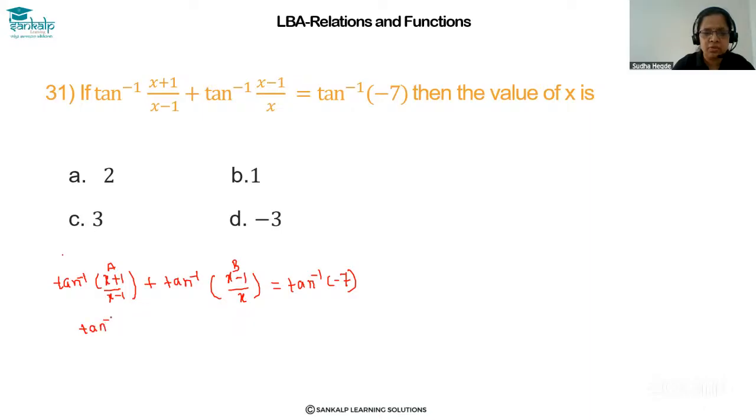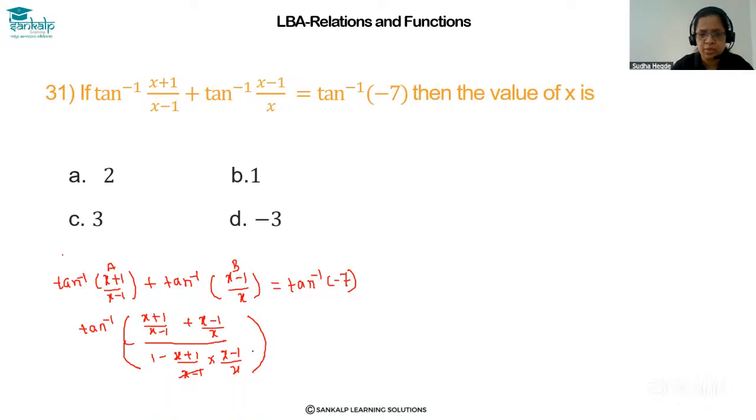So tan inverse of ((x plus 1) divided by (x minus 1) plus (x minus 1) divided by x) whole divided by (1 minus (x plus 1) divided by (x minus 1) into (x minus 1) divided by x). Correct?